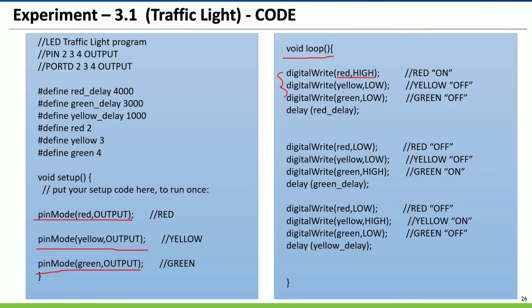Just simply like high, this is low, low for green, and then put delay, and red low, yellow low, green high, and then green delay, and then activate the yellow light for the traffic light, red off and yellow high, and green low, and delay for yellow.